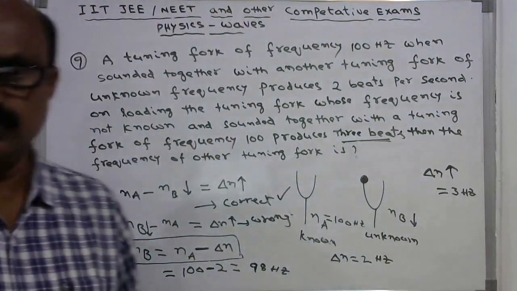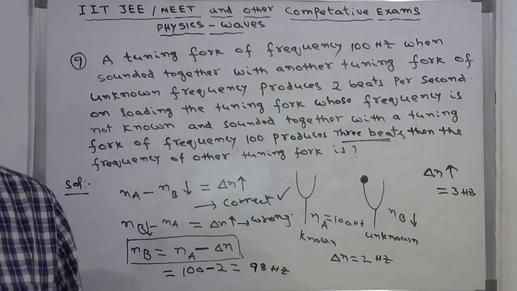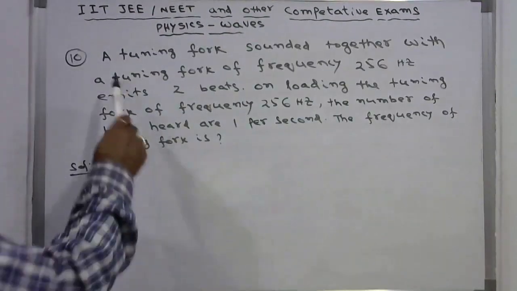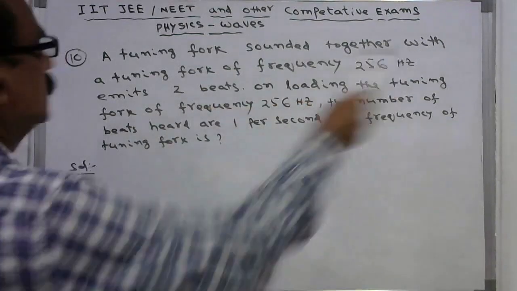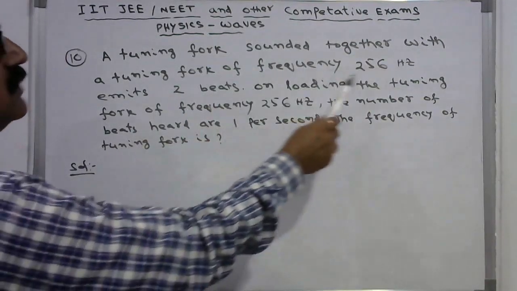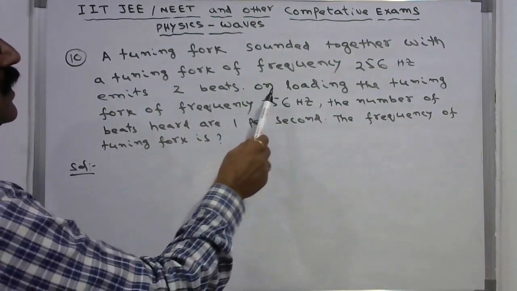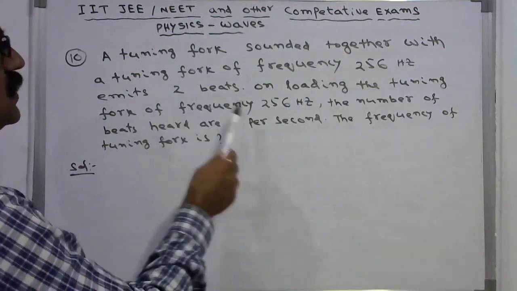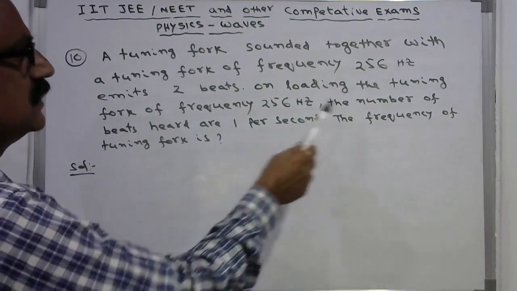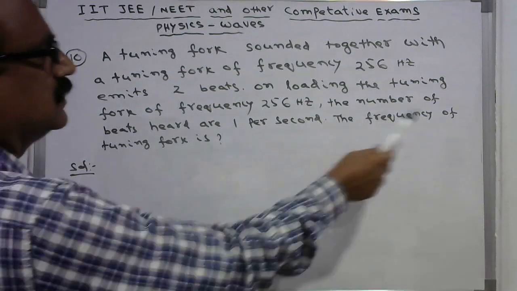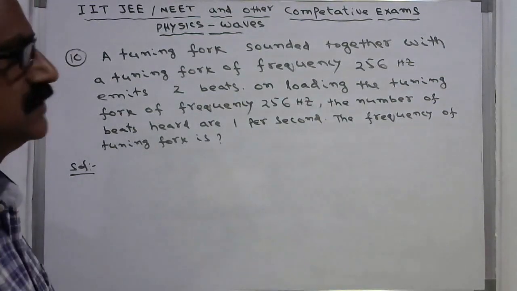And now let us go to the next problem. A tuning fork sounded together with a tuning fork of frequency 256 Hz emits 2 beats. On loading the tuning fork of frequency 256 Hz, the number of beats heard is 1 per second. The frequency of the tuning fork is?